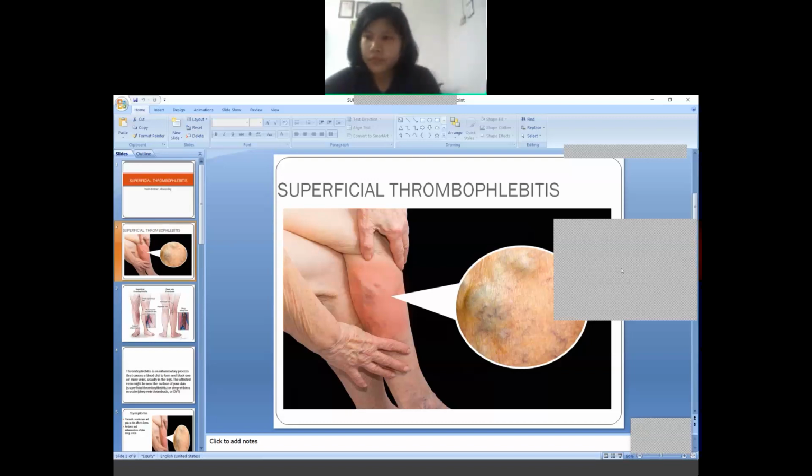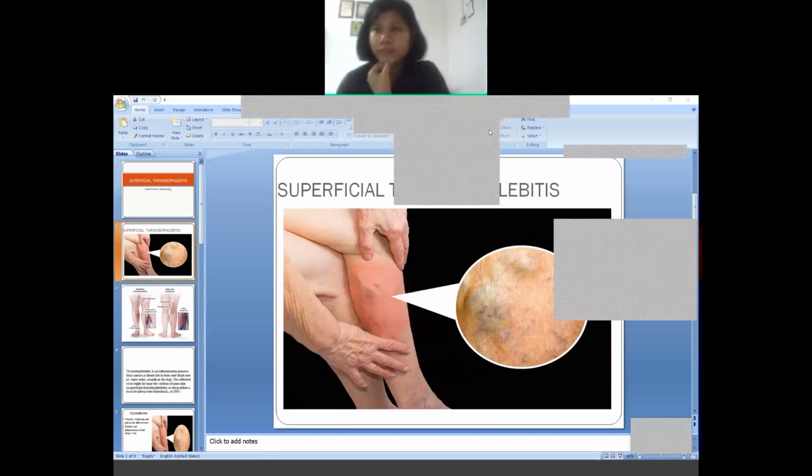Okay then. I hope every one of you understood superficial thrombophlebitis now. Do you understand, everyone? Yes or no? Yes, ma'am. To whomever I didn't ask also, I hope so.